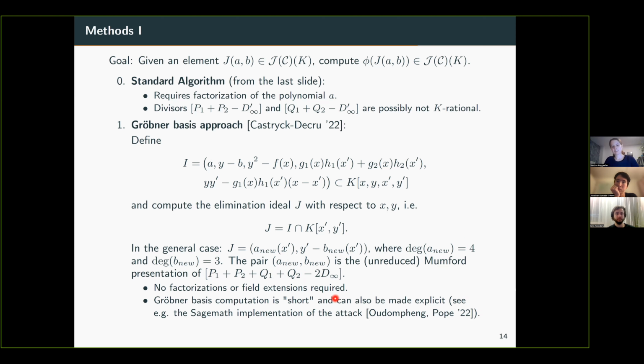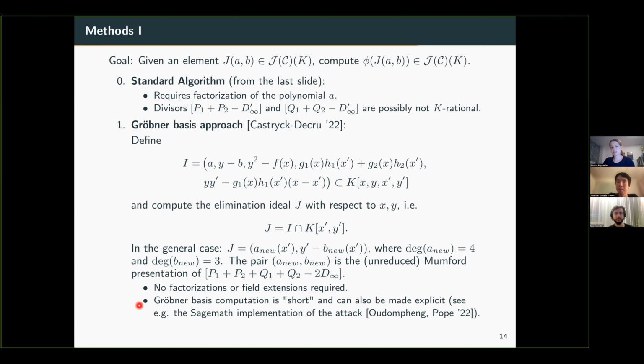I think the big advantage of this approach, maybe already obvious from the description, is that we stay over the field K for all the computations. There's no need to pass to any field extensions to compute factorizations of polynomials or anything. Maybe one could think that Gröbner basis computations tend to be costly sometimes, but actually in the setting that we have here, this is only a very short computation, and it can also be made explicit.